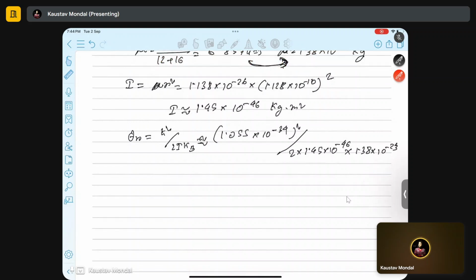That means theta r would be almost equal to 2.78 Kelvin. It's very low actually, not that much high.